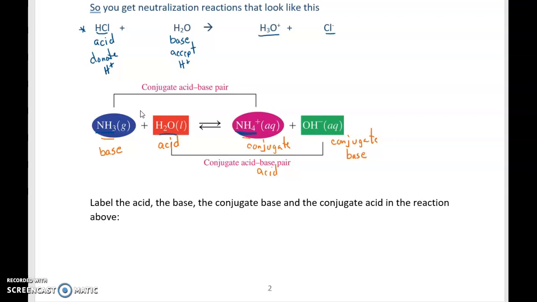So the base is associated with the conjugate acid, and the acid is associated with the conjugate base. You can see if you ran the reaction in the opposite direction, and you can see that it is reversible, that the acid would indeed be giving away a proton, and the base would indeed be accepting a proton.